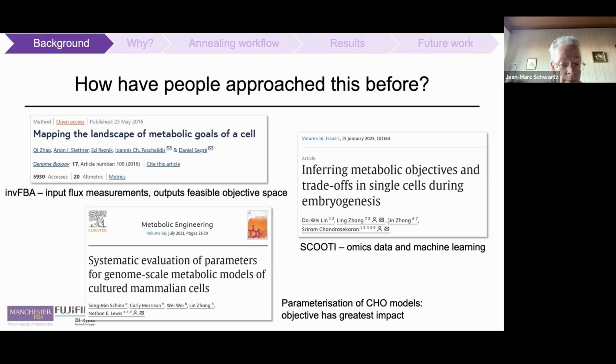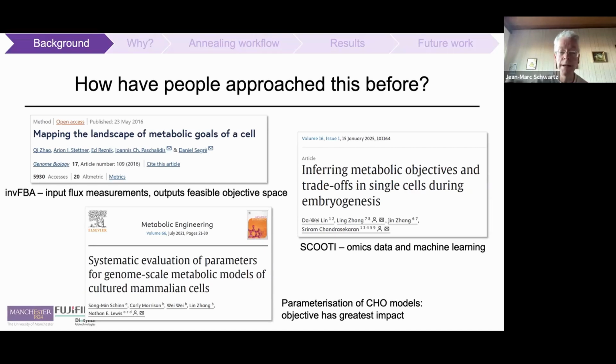And there's also this paper by Nathan Lewis at the bottom. In this case, they took a more systematic approach. They essentially tested lots of different objective functions, mostly in the context of CHO models, which is why we cited it as an example here.